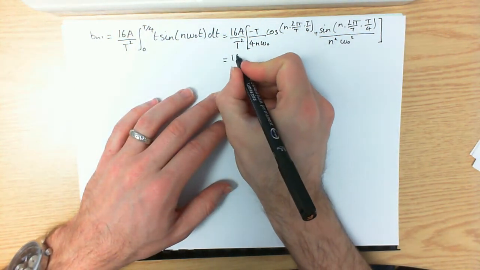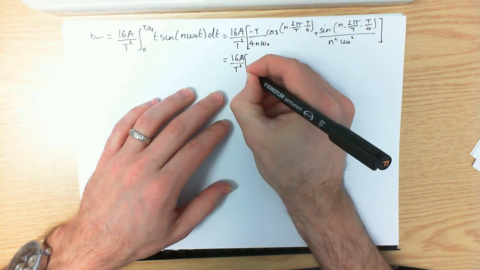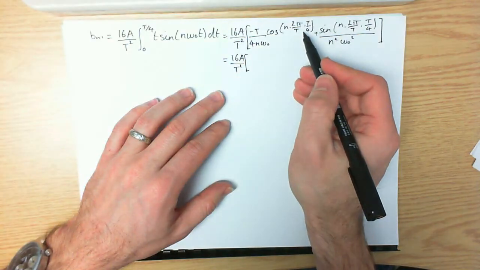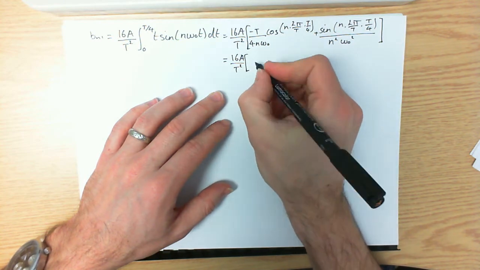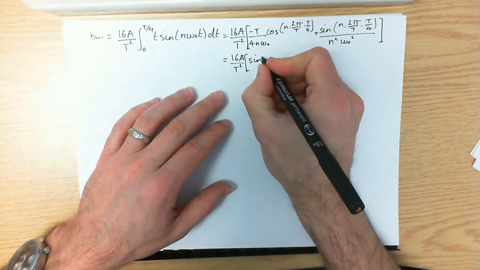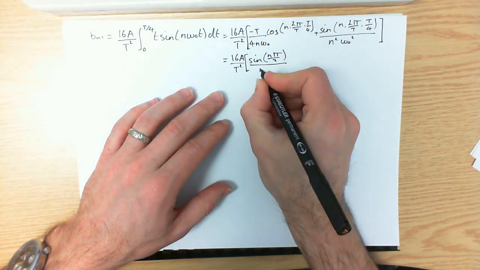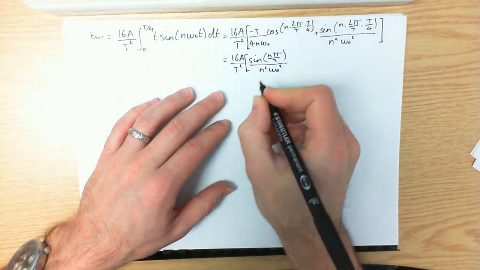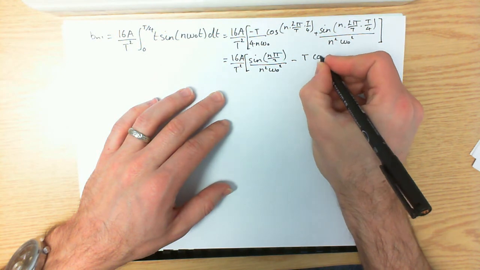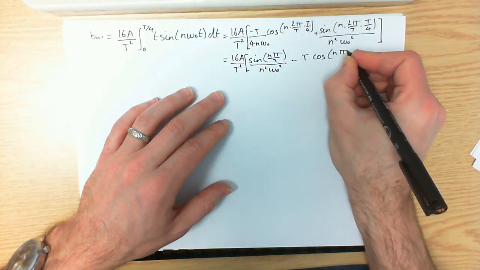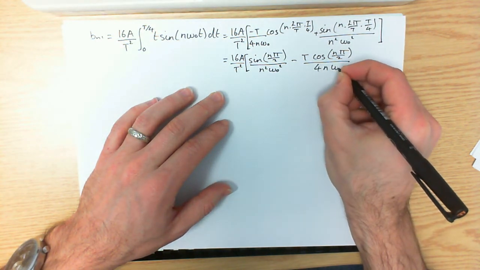If we work this through, we get 16a over T squared. If I start to cancel these numbers out and rearrange it, putting the positive bit first, we get sine n pi over 2 over n squared omega naught squared, minus T cos n pi over 2 over 4 n omega naught.